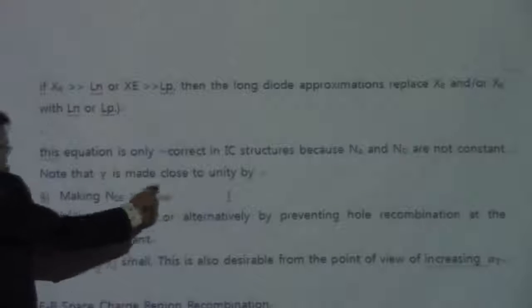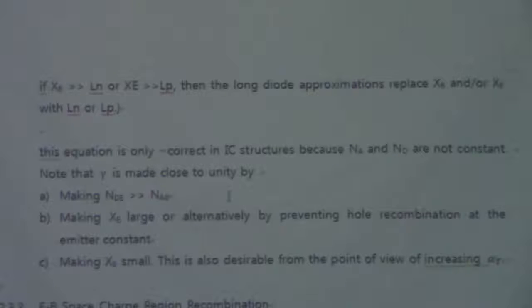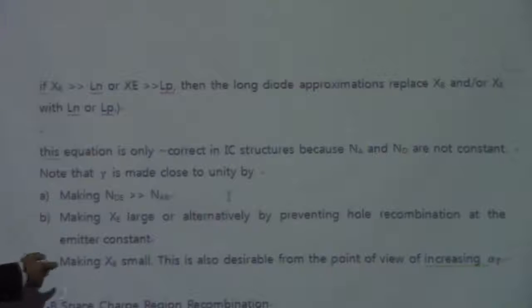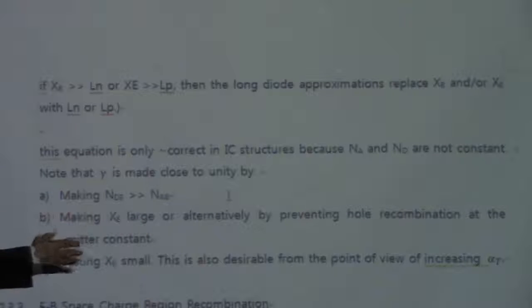We want to have a gamma number as small as possible for large beta anyway. So this is a typical case that we do in fabrication: making the emitter length large, or alternatively preventing hole recombination at the emitter contact.